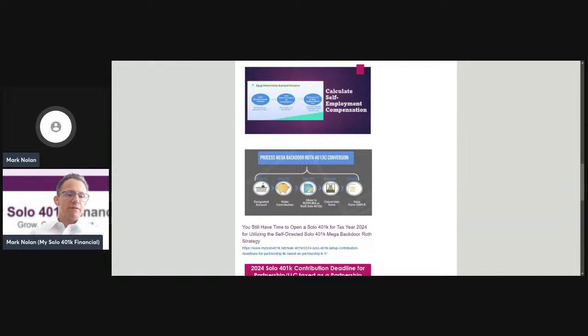Once you've identified that line 14 code A on the Form 1065 Schedule K-1, we then plug that figure onto our online solo 401k contribution calculator. And the calculator, which we'll go to here in a moment, will perform that calculation for you, including subtracting 1/2 of self-employment income tax from that line 14 code A of Form 1065 Schedule K-1.